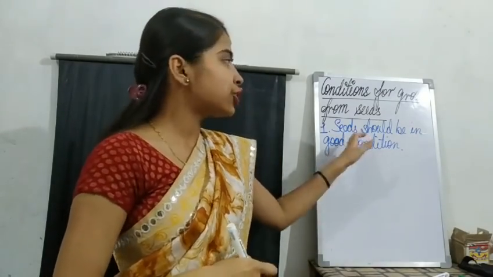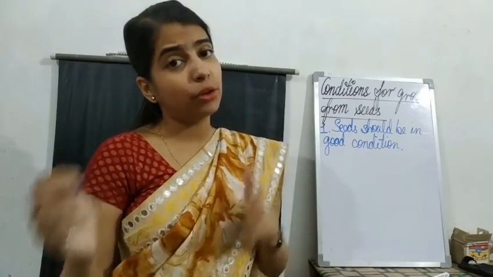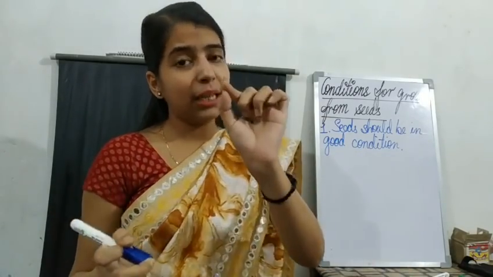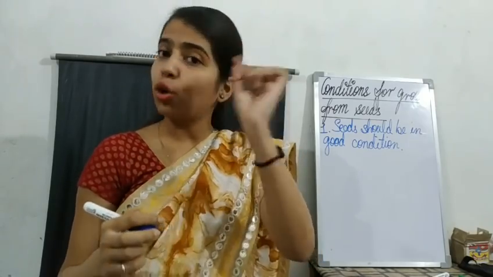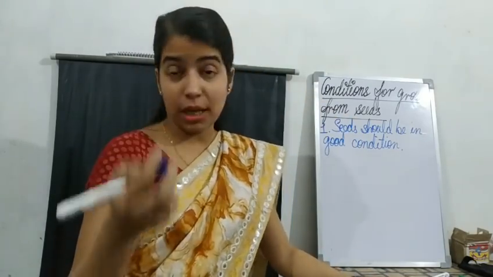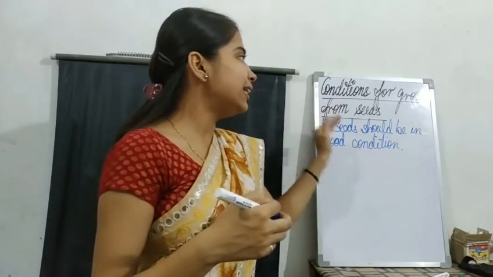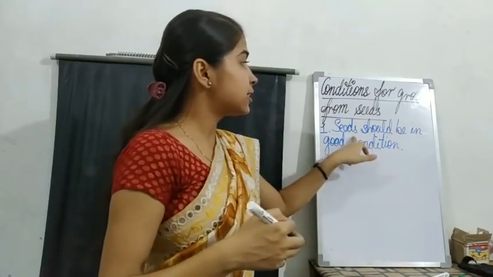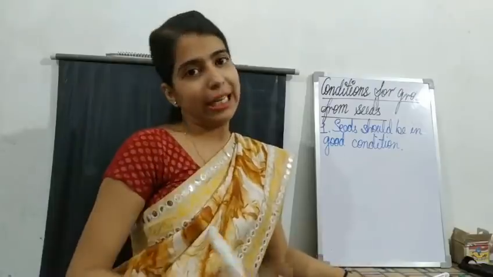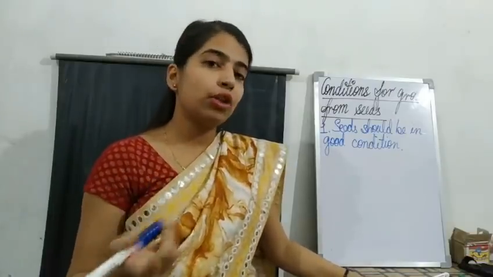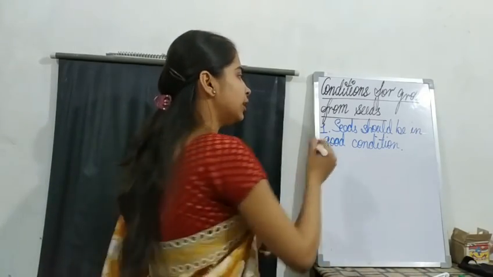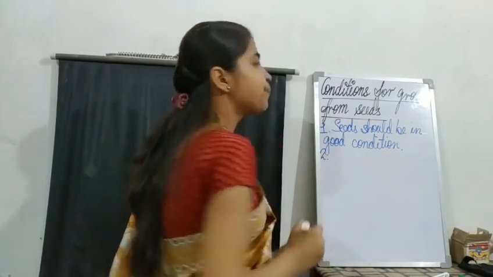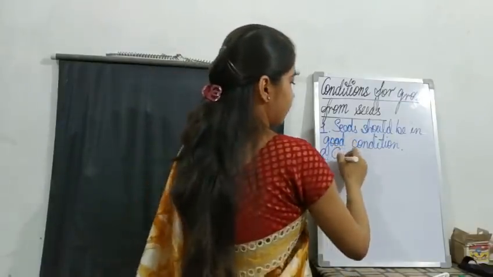We all know that we can grow a plant from a seed. The baby plant that you have inside will grow into a new plant. So the first condition is that the seeds should be in good condition, otherwise they will not grow into a plant. Now, the next condition is that they should get good soil and minerals.